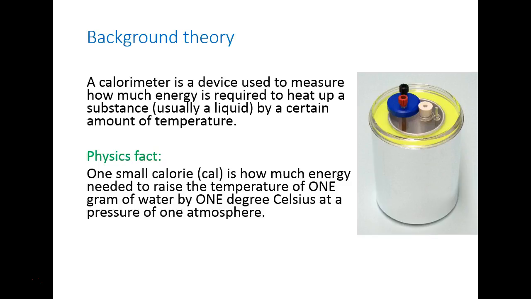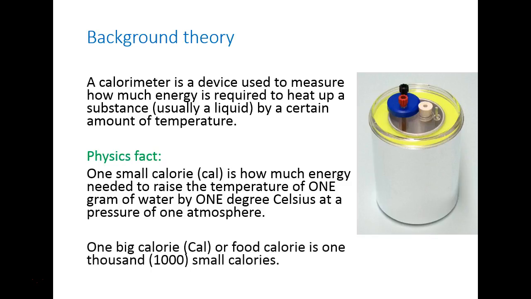The second type of calorie is what we call a big calorie, so Cal with the big C. This one is also known as food calorie, and this is the one that you find on your food packaging. Now, 1 food calorie is 1,000 small calories.